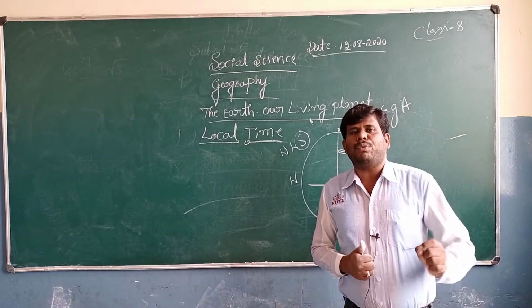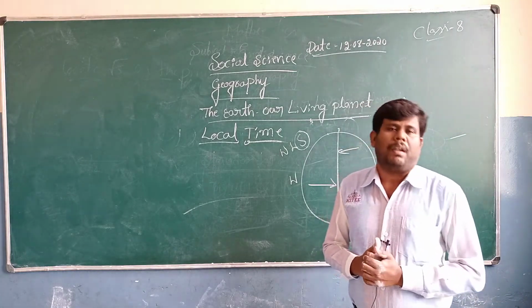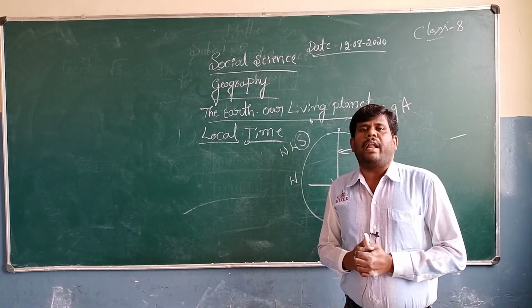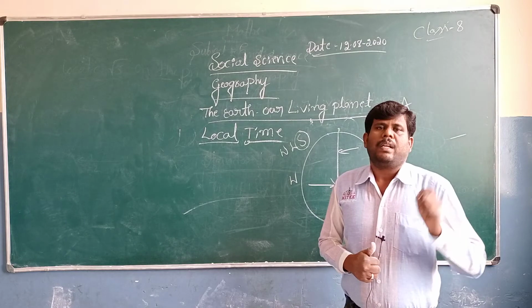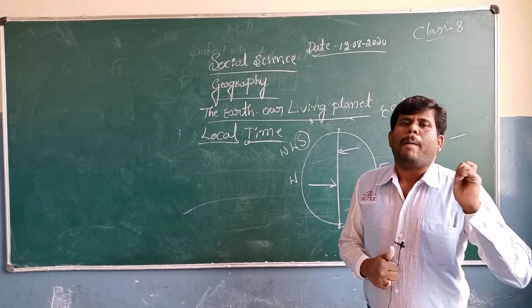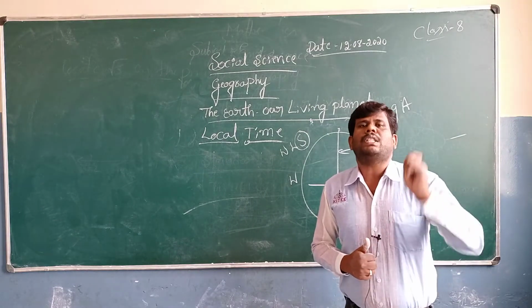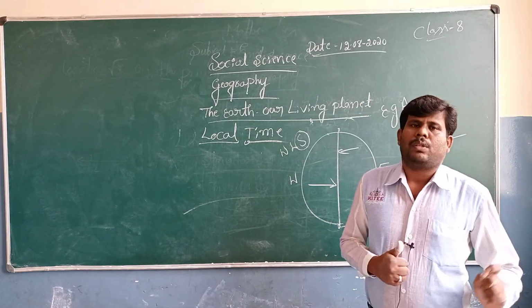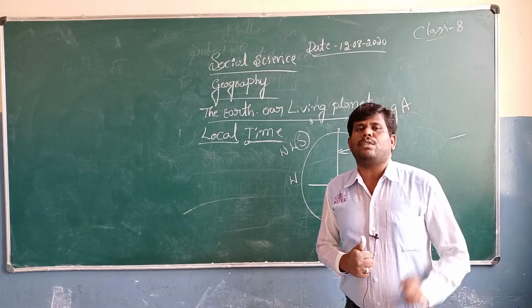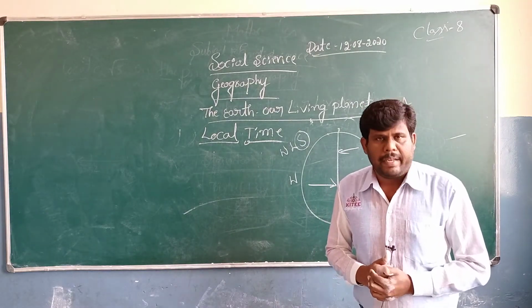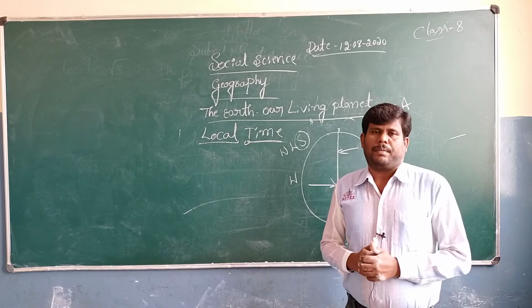So to avoid the confusion of day and date at the international level, the international date line is marked. The line passes over the Pacific Ocean along the 180-degree longitude, with some detours to avoid the land masses, and is known as the international date line.